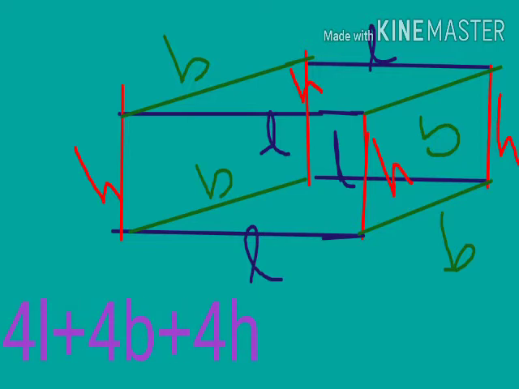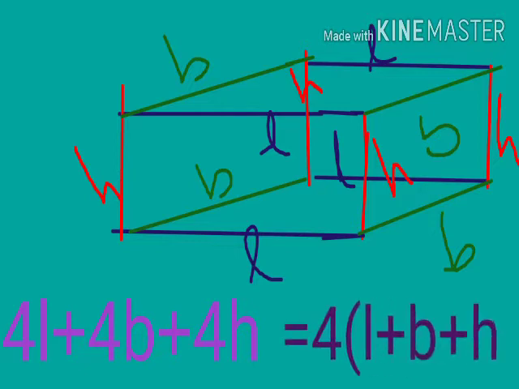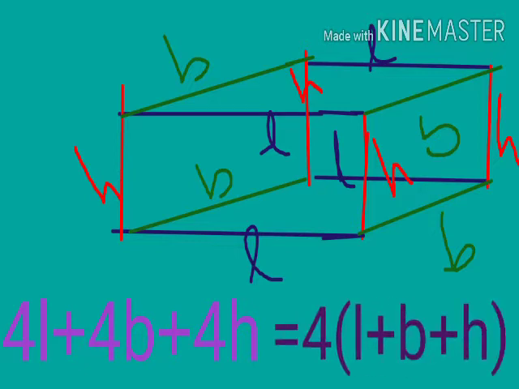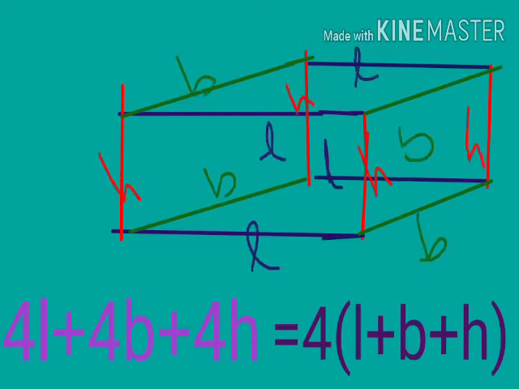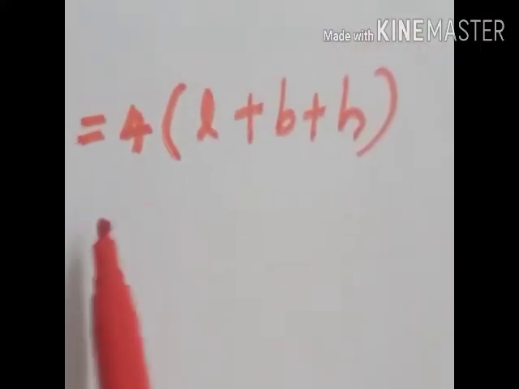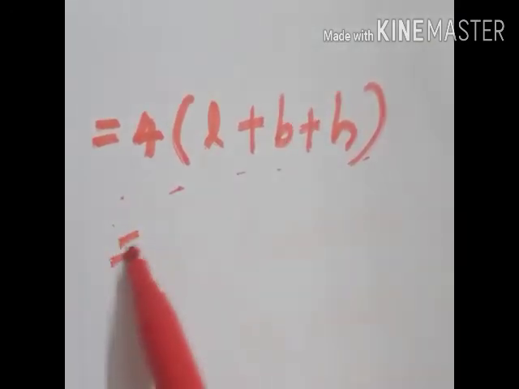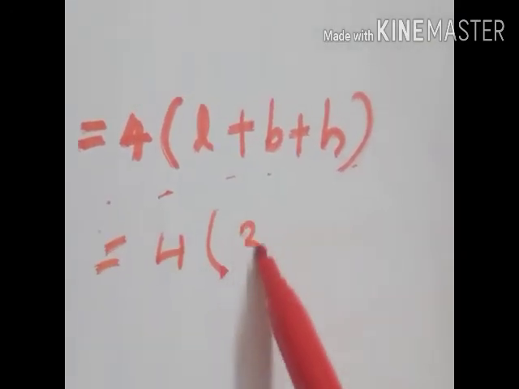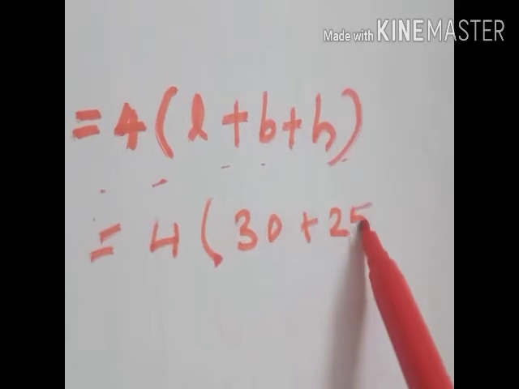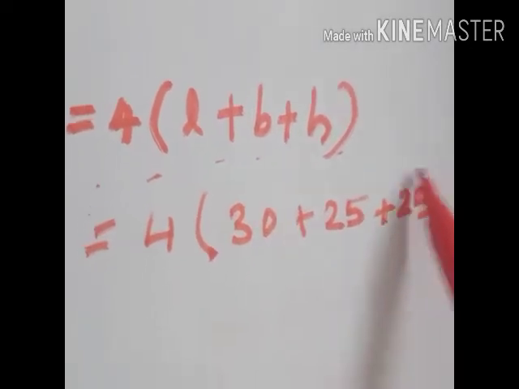Then that we can express as 4 into (L plus B plus H). 4 is the common factor that we can take outside. That is equal 4 into (L plus B plus H). Then we can substitute the values of L as 30, B as 25 and H is also 25.